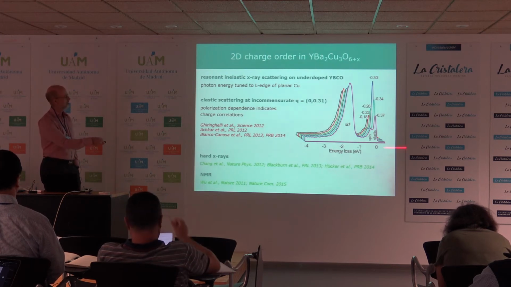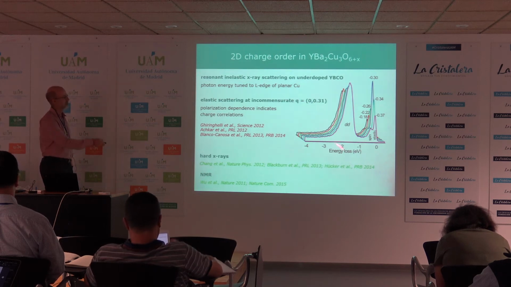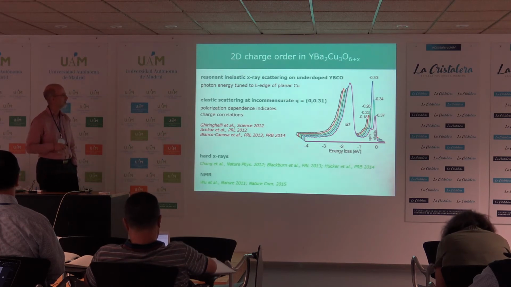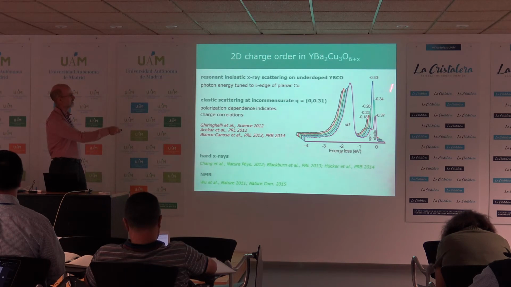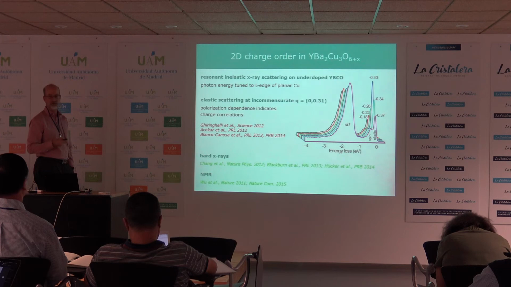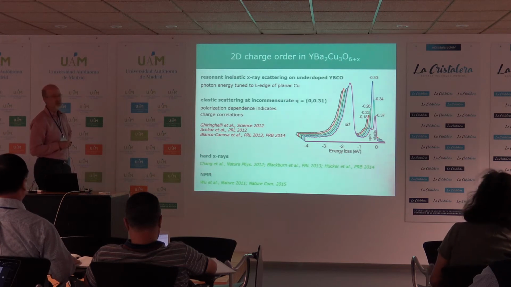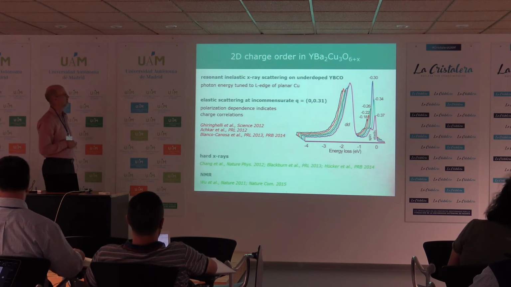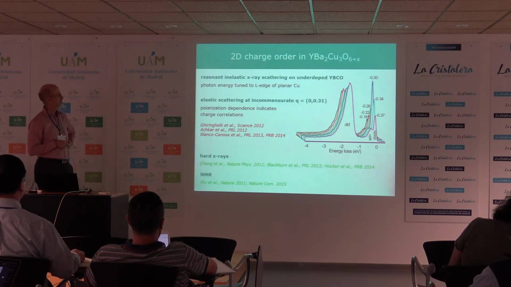So this is a full spectrum running from 0 to 4 electron volts that shows these dd or interband transitions at high energies, and you see the spin excitations that Stephen will discuss in the next talk. But then in the elastic channel, you also see this huge peak that could be identified as coming from charge ordering based on the polarization dependence of the cross section.